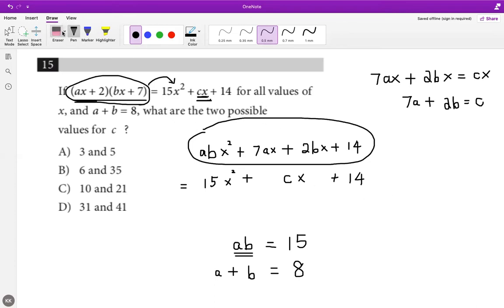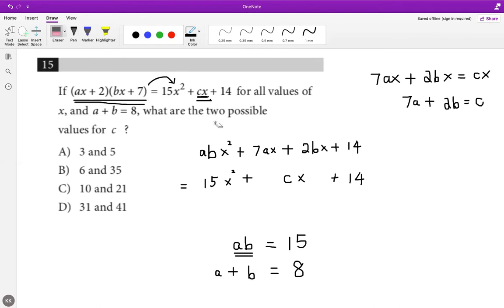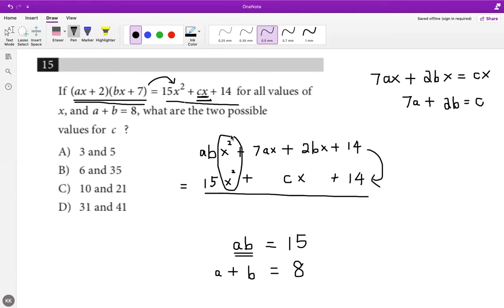If you compare it with this equation right here, 15x squared plus cx plus 14, you can see that 14 and 14 match, and also x squared and x squared match. Which means that AB and 15 must match. So AB equals 15.